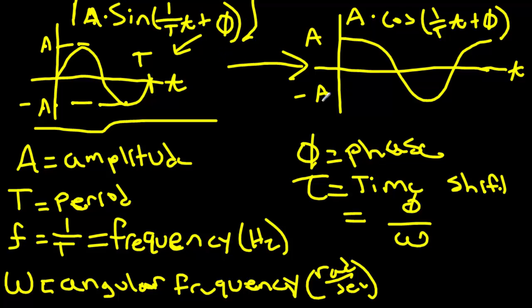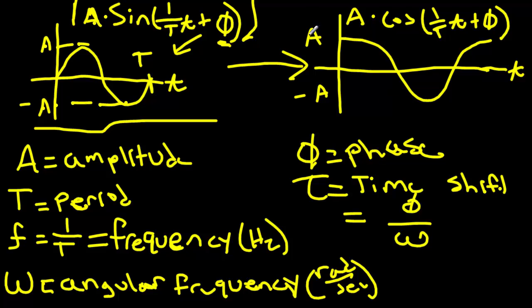Now, the cosine is actually a phase shift of sine, and it's a phase shift of 90 degrees. So if we add 90 degrees or pi over 2 here for phase, we're going to get a cosine wave, where A is our amplitude, or how high these graphs reach.